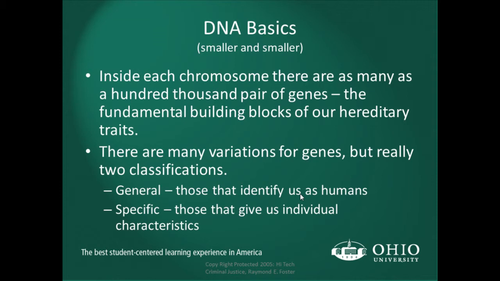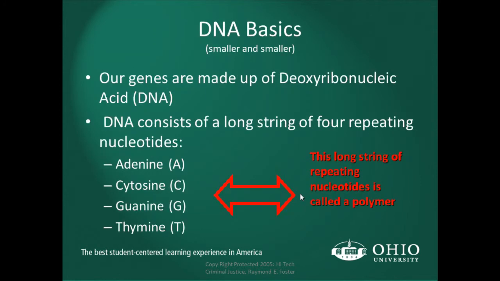There is a general classification, those that identify us as humans, and the specific, those that give us individual characteristics: blonde hair, blue eyes, height, weight, attached earlobe, inner belly buttons versus outer belly buttons. All those traits are in the specific range.